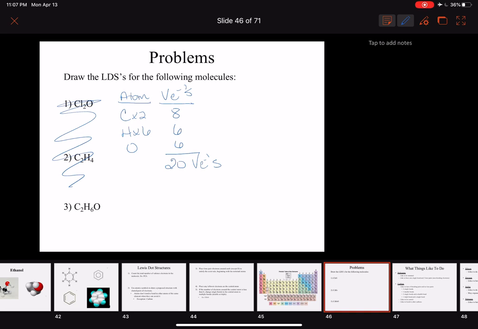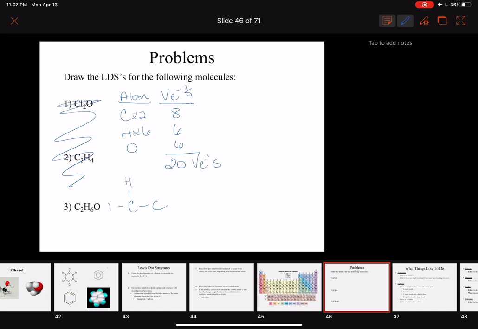Okay, so we know that carbons like to bond to each other, so let's just go ahead and draw carbons bonding to each other. And we can see that we've got 6 hydrogens to distribute.